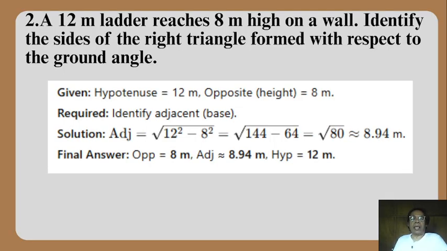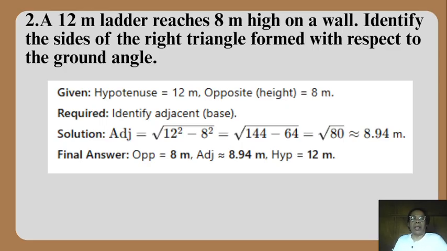We need to identify the adjacent, which is the base. So using our formula for Pythagorean theorem, adjacent squared plus opposite squared is equal to hypotenuse squared. And substitute the values of the hypotenuse and the opposite.